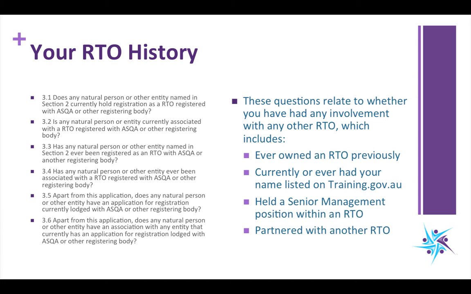There are ways around this if you are partnering with someone and you're not really keen on that RTO. We can get around that where we don't declare that at this stage, but it's always best to declare all of your partners. But get in contact with your client liaison officer and we'll figure out what is the best way for us to declare if you do currently have a partnership.